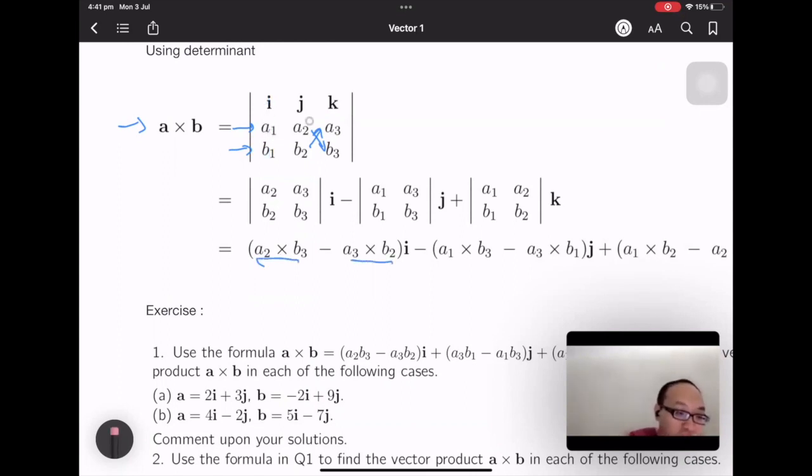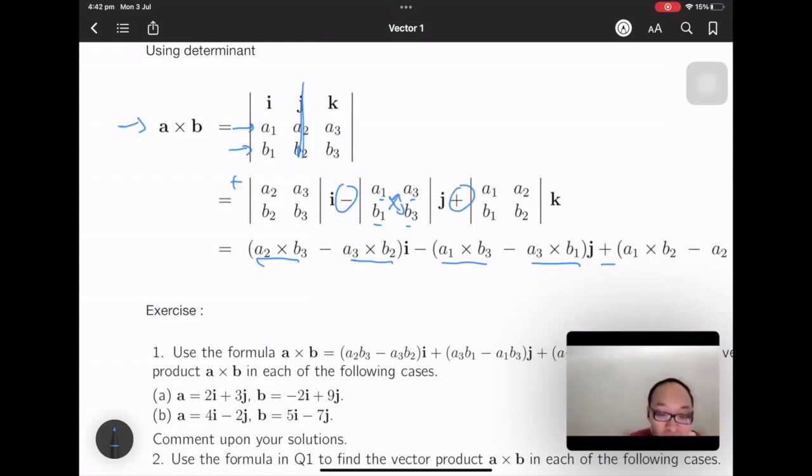Now, to find J, just cross J. So you have A1, A3, B1, B3, and then you do the same thing. A1, B3 minus B1, A3. Don't forget, the sign here will be positive, negative, positive.